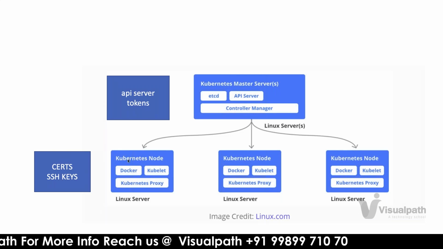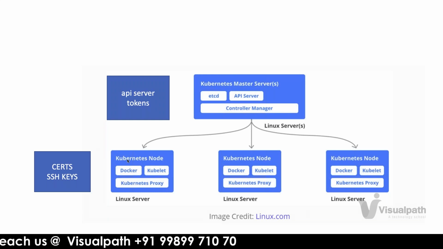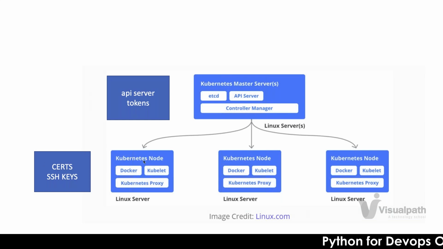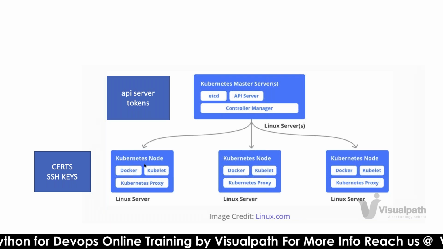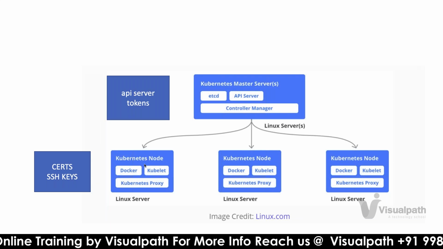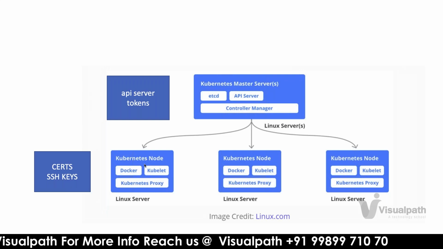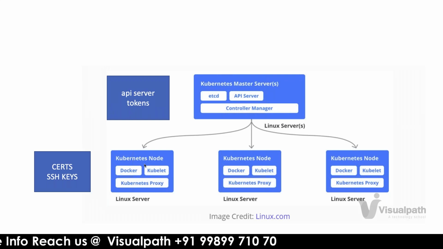You give a certificate which will expire within some time bomb, so there should be a rotation of the certificates. For that purpose you need an automation that figures out if the certificate is going to expire. If it is expiring, request a new certificate, get the certificate, and install it in the Kubernetes node.